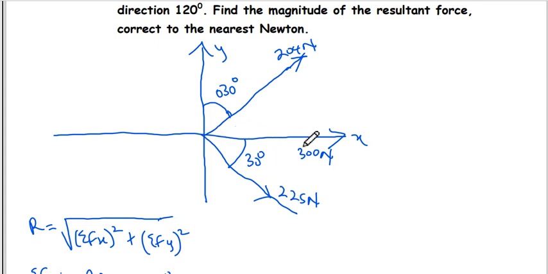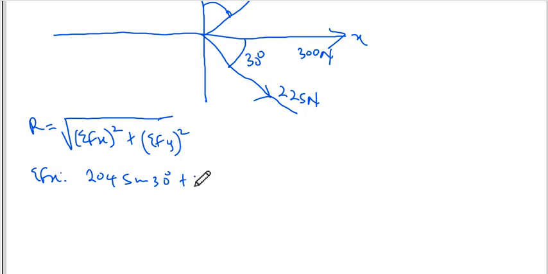Then the second force, which is 300 newtons, is exactly on 90 degrees, so it is just plus 300. Then for the third force, resolving this to the x-axis also, that's plus 225 cos 30 degrees.